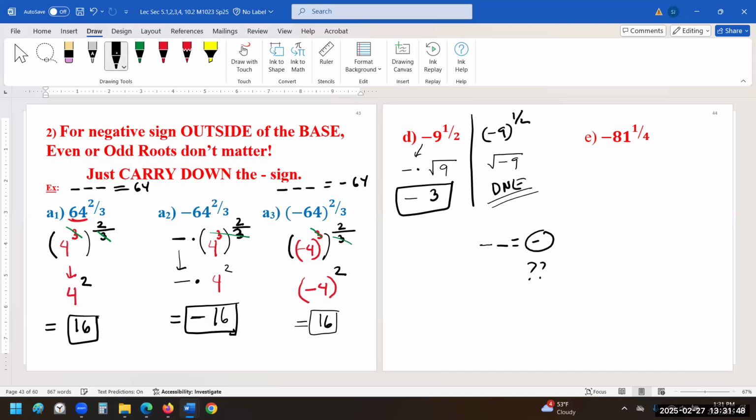Can you ever do that? That's why it doesn't exist. So every time you see a scenario where there's a negative in the parentheses, with an even denominator on the power, it doesn't exist. If it's -9 in the parentheses, and it will be 1/3, yeah, it can exist. We just don't know how much it is, but it does exist.